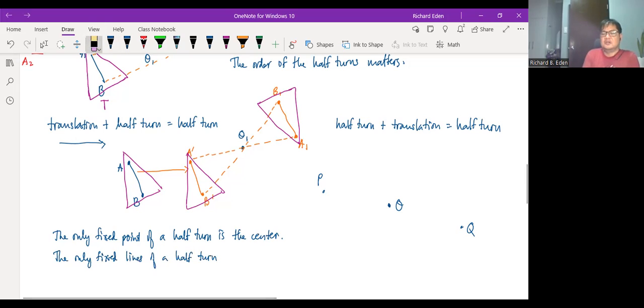So kasi ganito naman, no? Kunwari, okay, ito. Let's consider this line, and then let's do a half turn.